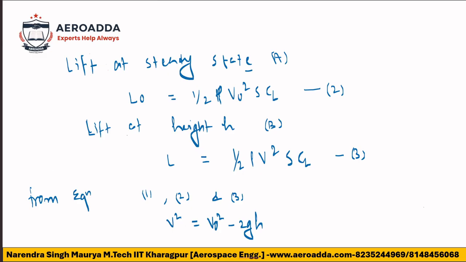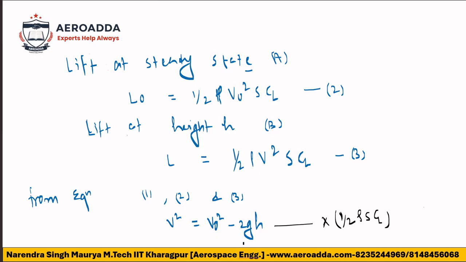Now do one thing, because I want half rho V square S CL. This is only V square. If you multiply this equation by half rho S CL, what will you get? On this side you get half rho V square S CL, and on the other side half rho V naught square S CL, which will be L naught.